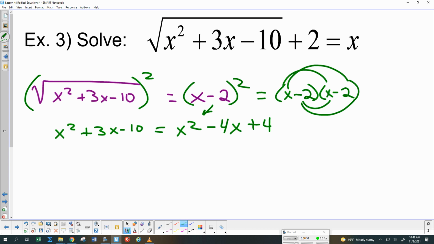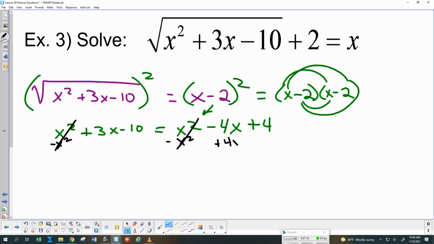Okay, now we need to solve it. So give me some help with solving it. Austin, what are you noticing? Yeah, I've got x squared on both sides. So basically, if I subtract x squared on both sides, those go away. Now I need to get all of my x's together.